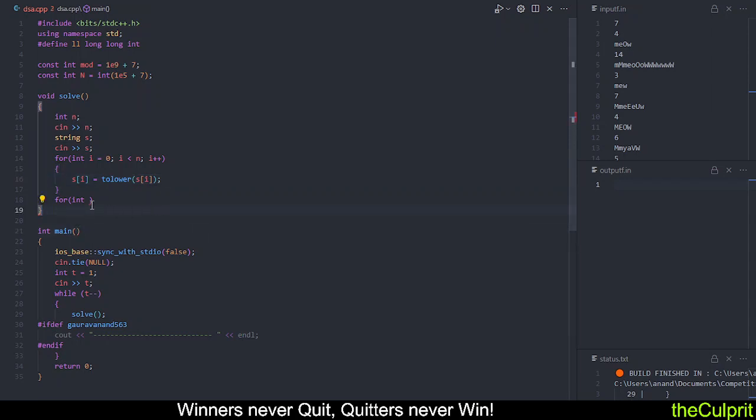Yeah, this works. So I've converted the string into lowercase characters and keep on checking.